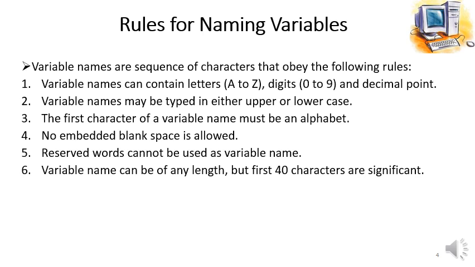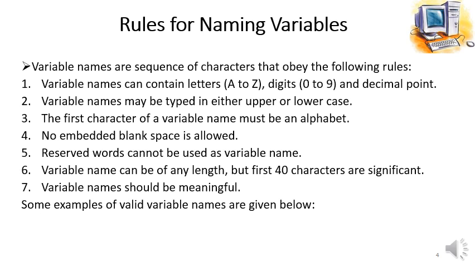We must differentiate the first 40 characters of any 2 or 3 or 4 variable names. Those first 40 characters must not be the same for declaring different variables. Variable names should be meaningful. So it is logical that whatever variables we are defining must have a meaningful name.